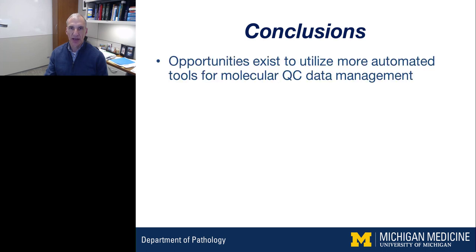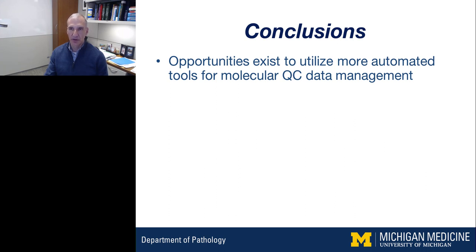So just to summarize the discussion today, I think you've seen that there are lots of opportunities to utilize more automated tools. I'm not sure of the approaches that other labs are taking, but even using an Excel approach like ours is still very cumbersome. Any solution that could take the technologists back to the bench and away from the computer managing data, I'm all for that.